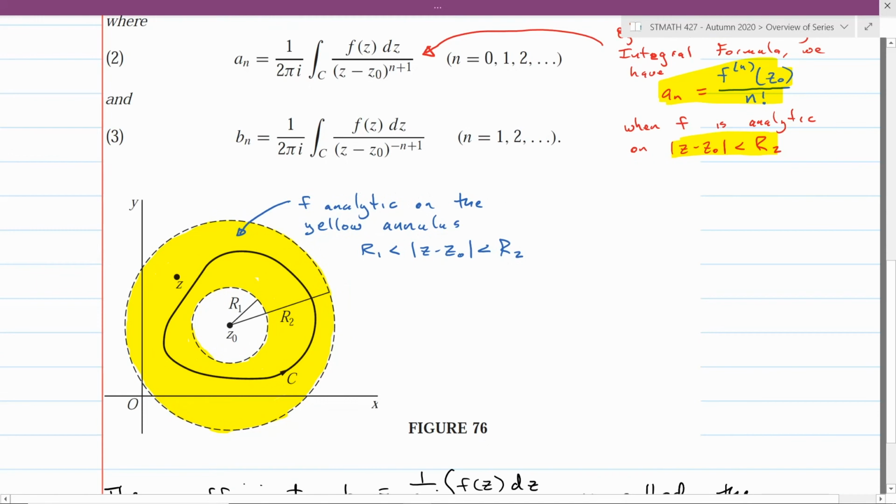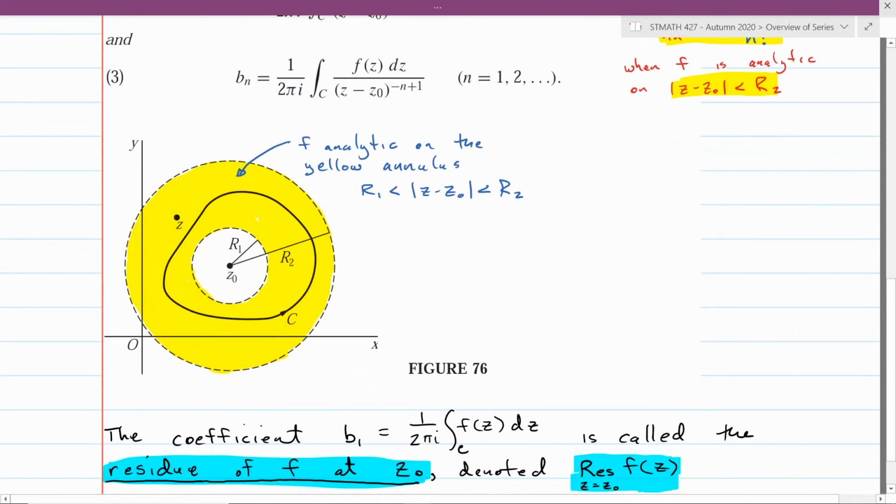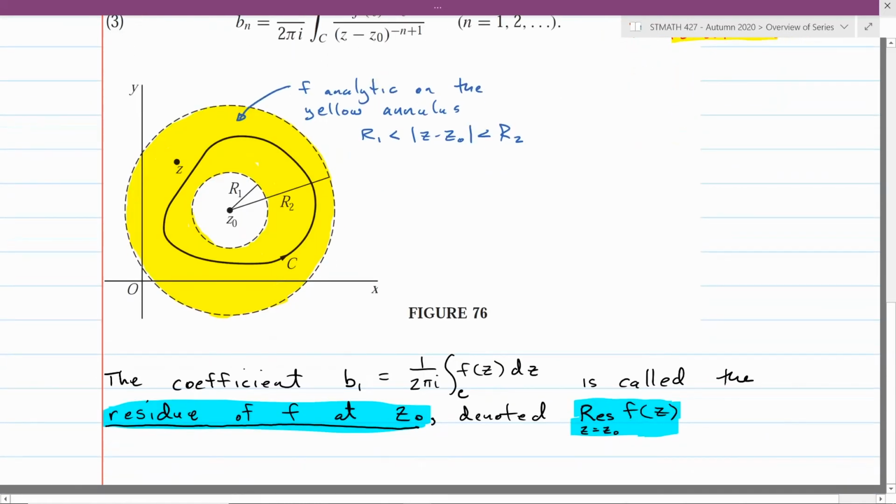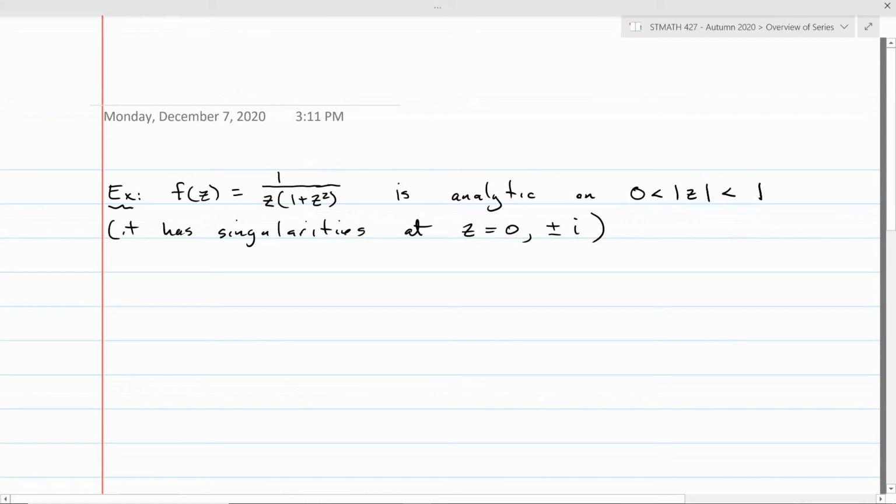That's what that formula devolves to when you put in n equals 1 for b sub 1. So that coefficient is called the residue of f at z naught, and we have this special notation at the bottom here for the residue. So the first coefficient of the negative part of the Laurent series is very special, and we give it a special name, the residue.